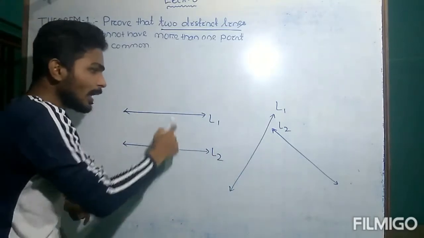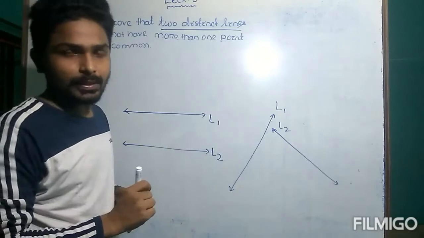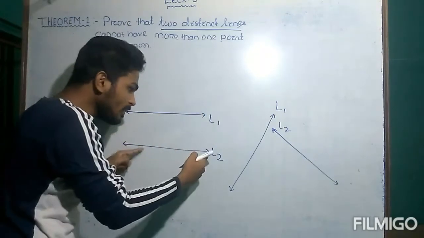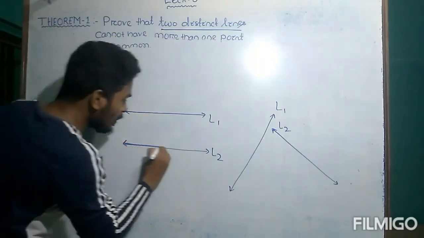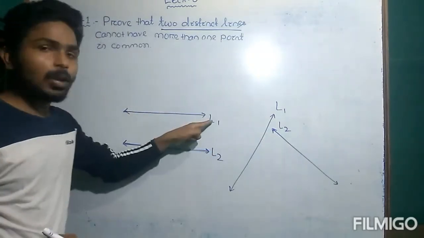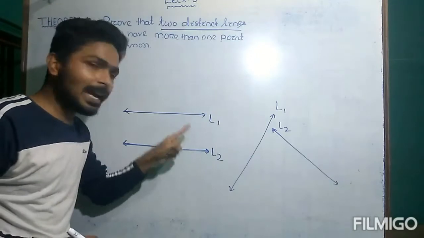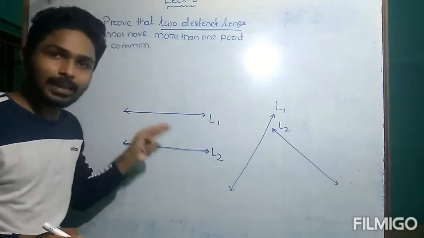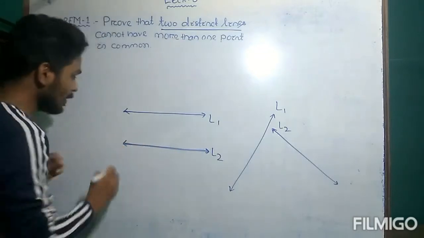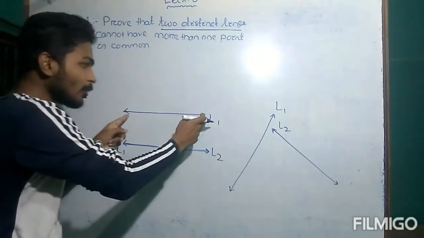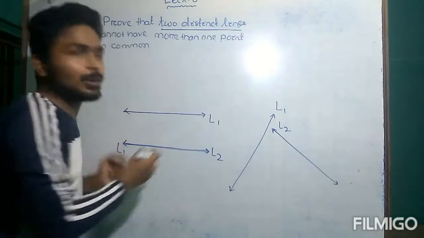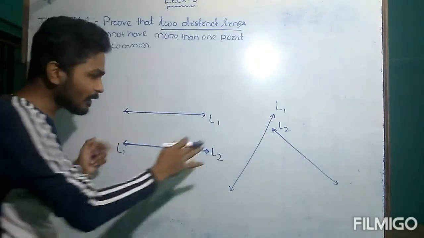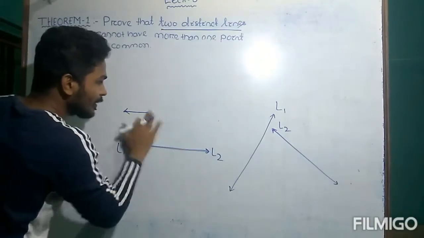Then these two lines are said to be superimposed when you trace a copy of line L1 over the line L2, so that the line L1 completely and exactly covers the line L2.